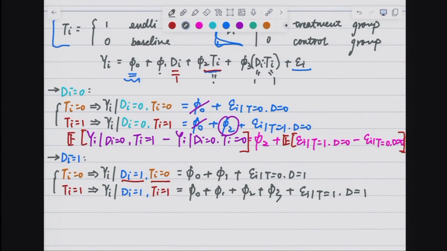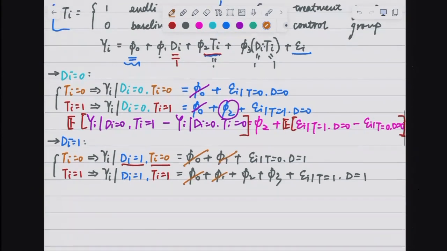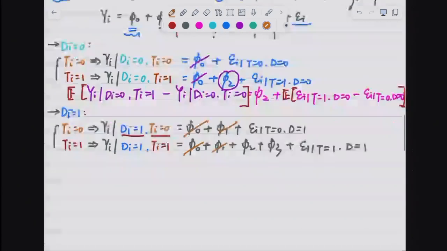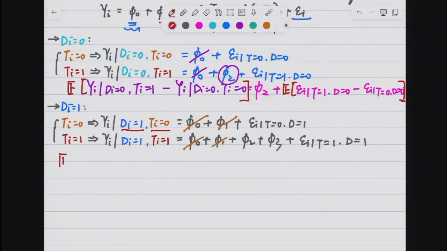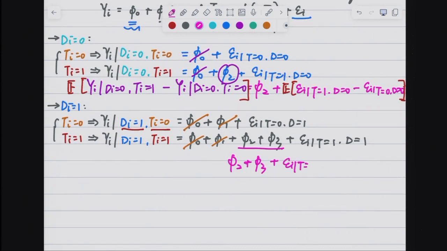Then again, doing a before-after analysis for those in the treatment group, we'll see that the phi naught cancels out, the common phi 1s cancel out. So what is left is that we'll have the phi 2 plus the phi 3, and then plus the differences in the epsilons. So it's the end line minus the baseline for the treated group.